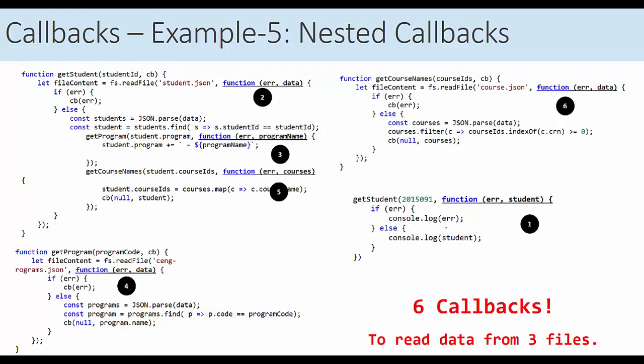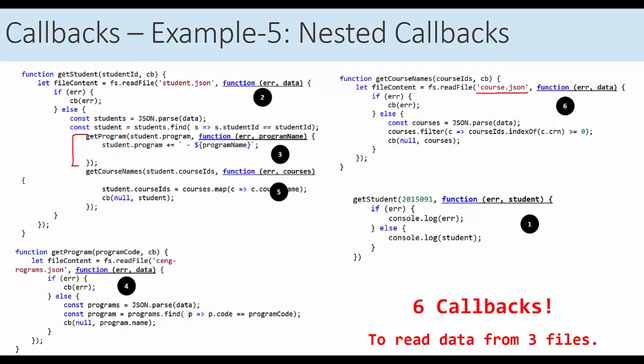In the next example, things become very complicated. We are reading the same thing, student ID. We want the program name here. We also want the course names. The course names are available in a third file. The file name is course.